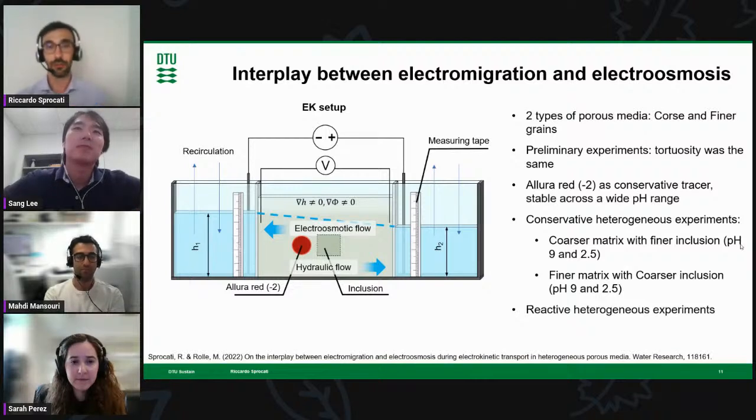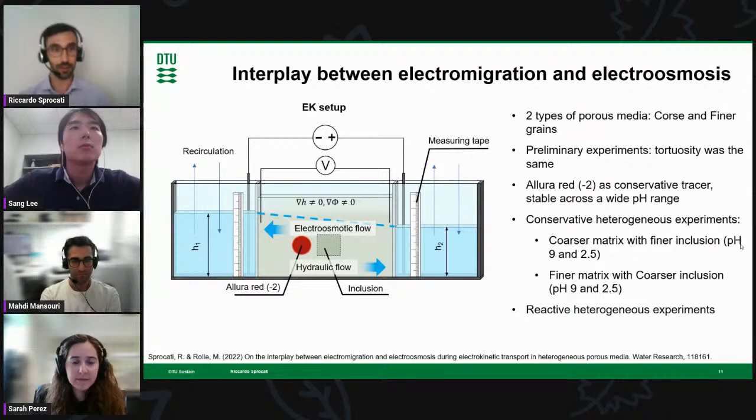Here we used two different types of glass beads with different diameters because we wanted to provide a domain, and then we created an inclusion. That was representative for us of heterogeneity. We used glass beads because it is a relatively simple porous medium to work with, but also we wanted to understand as much as possible the processes that were going on without any complicating factors.